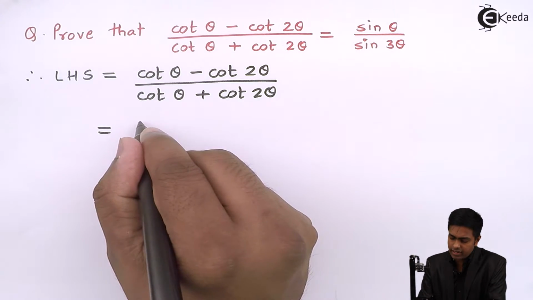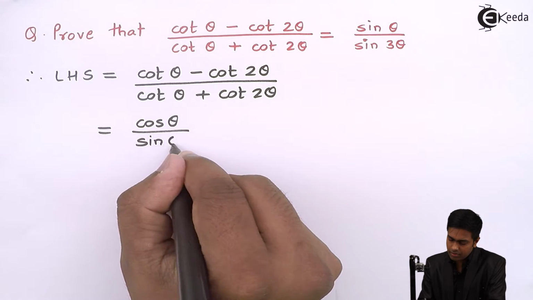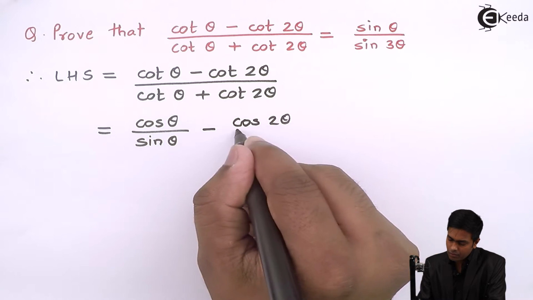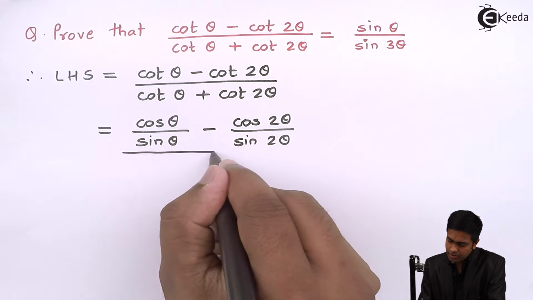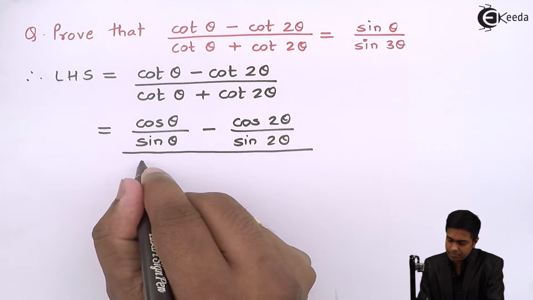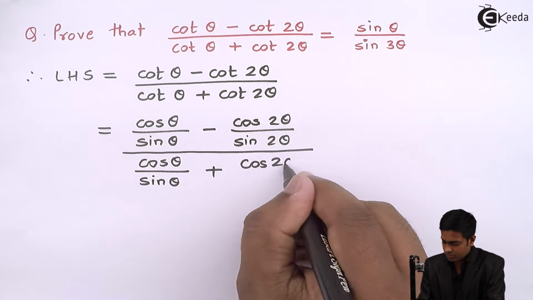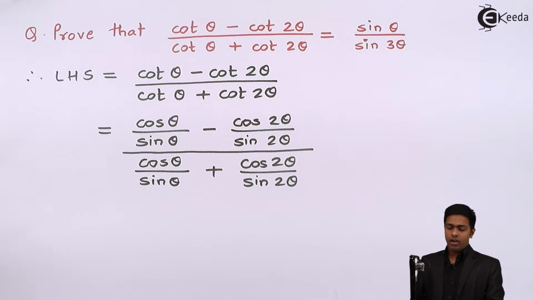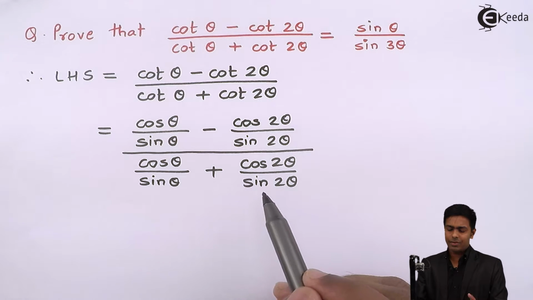So cot theta is nothing but cos theta upon sine theta, minus cot 2 theta is cos of 2 theta upon sine of 2 theta. Similarly in the denominator. So now we have converted all the terms in terms of sine and cos. Now let's simplify it.